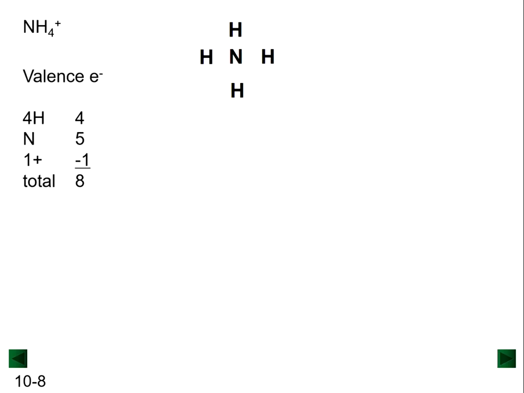We have 4 hydrogen atoms for a total of 4 electrons, 1 nitrogen atom for 5 electrons, and then the 1 positive charge, which indicates we have 1 fewer electron in this system. When we're missing an electron, we end up with a positive charge. And so we subtract 1 from this, and we end up with 8 total electrons with which we're going to work.